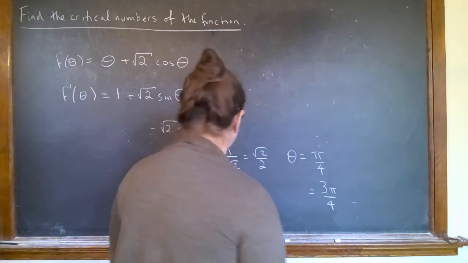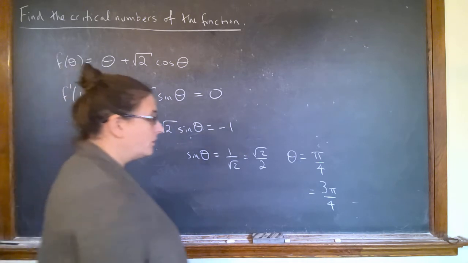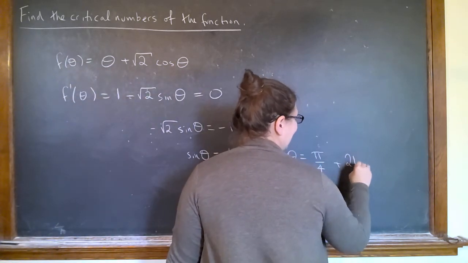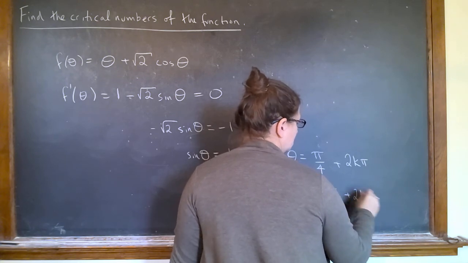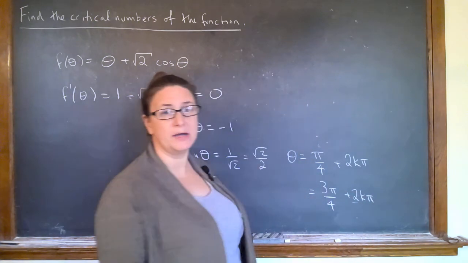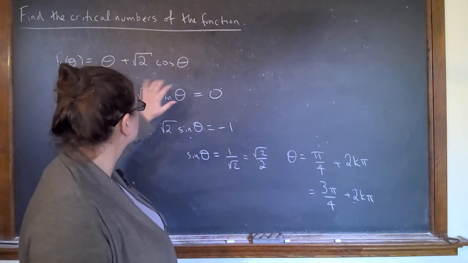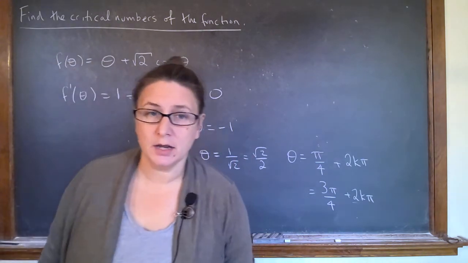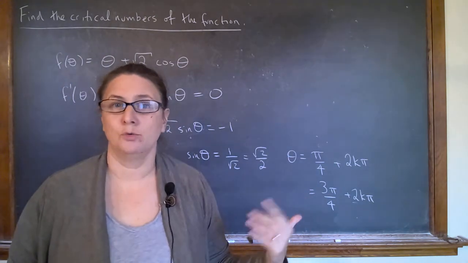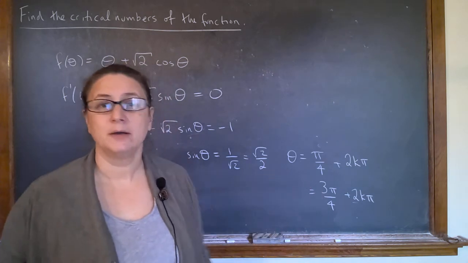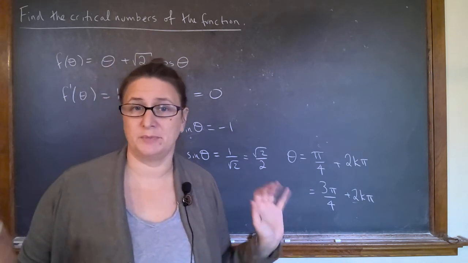The sine is positive, and we want all of the critical points, so we're going to add a 2k pi to each of those. Okay, so if it asks you for all the critical points, and it's a function that is periodic, like sine or cosine, you do have to add the 2k pi. Or 2n pi if you prefer, whatever. Oftentimes, though, they'll only ask you for the critical points on an interval, so just be aware of that.